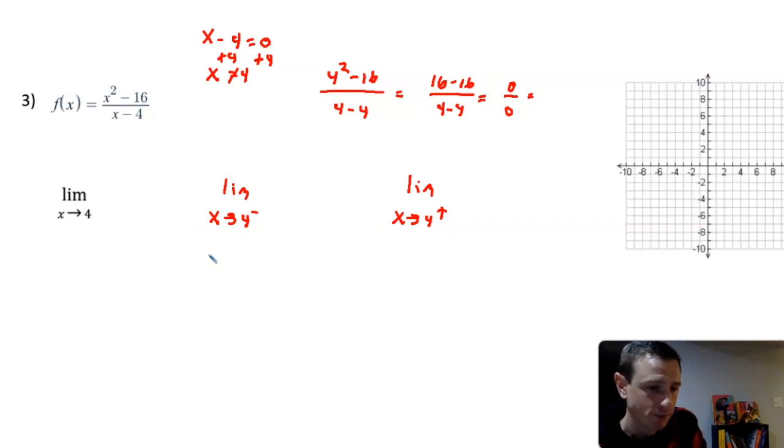If we were to do that same approach, we're looking at 4 from the left, so I could take 3.9 and plug it into the function, so I'd have 3.9 squared minus 16 over 3.9 minus 4.